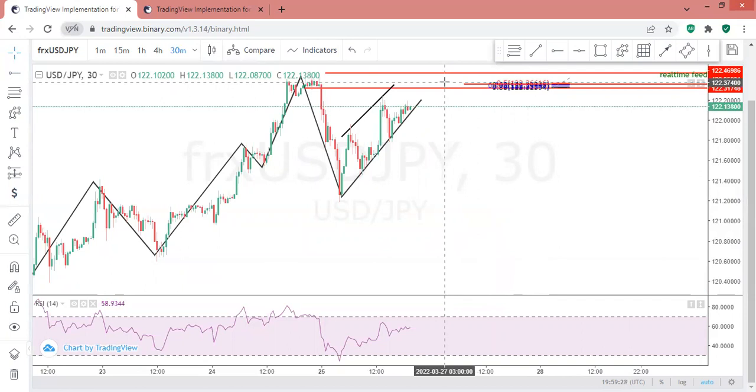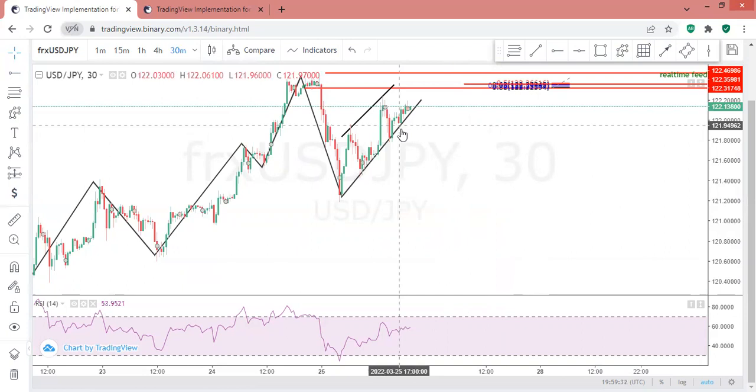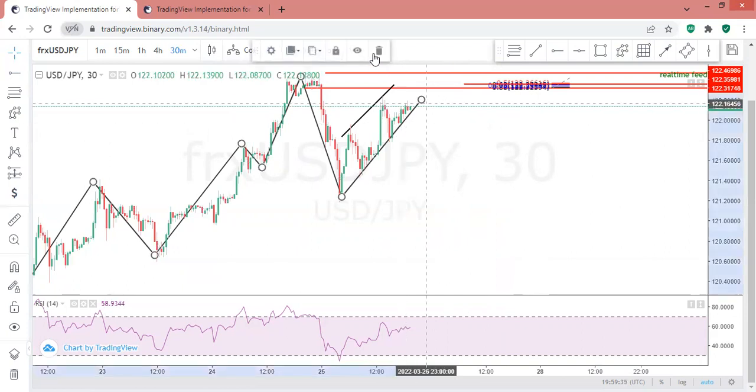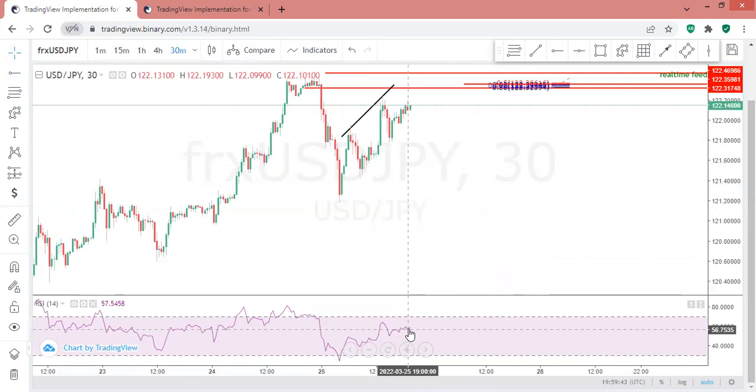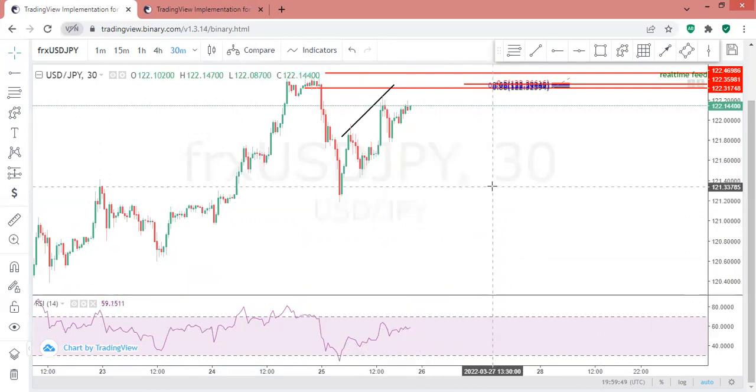Let me show you. On a normal day, an indicator and price are supposed to move the same way. But in a situation whereby they go opposite sides, then something is about to happen.